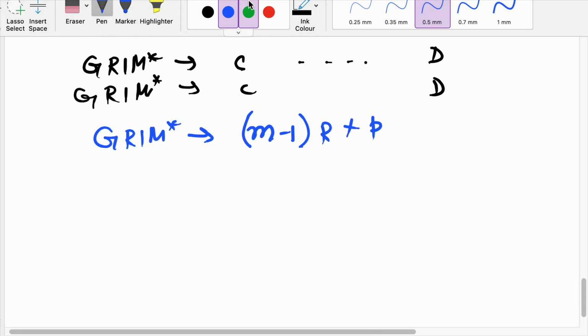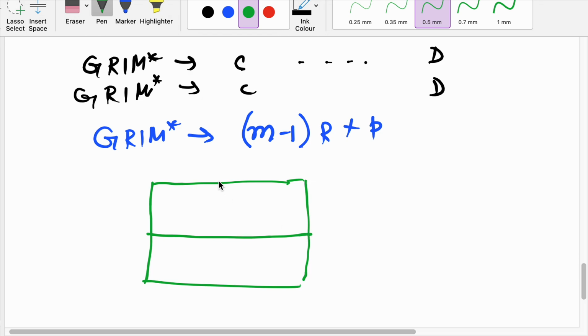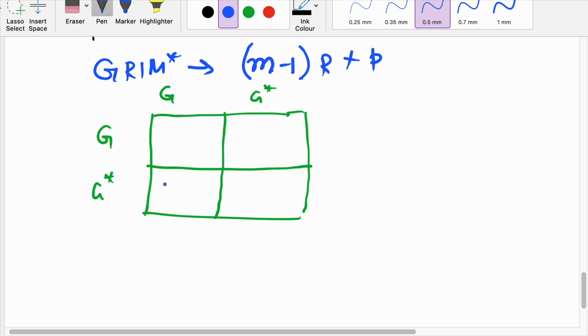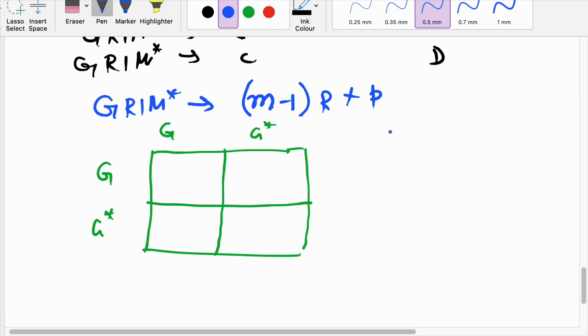So now let me do the game theoretic analysis again. This is green, this is green star, this is green, this is green star. What will green playing against green get? If a green player plays against a green player, what payoff will you get?